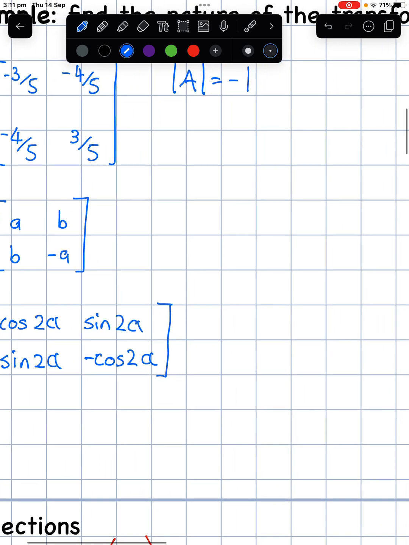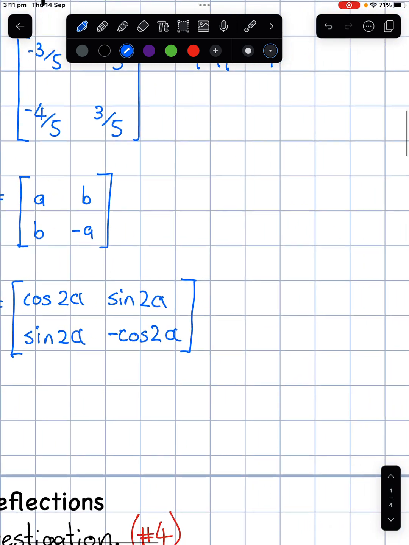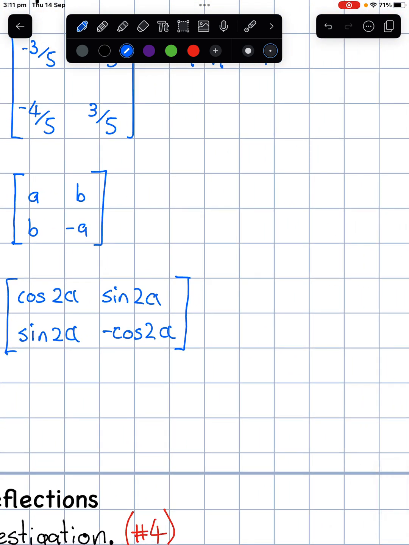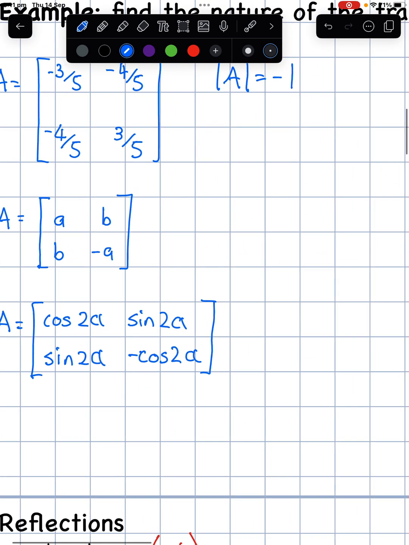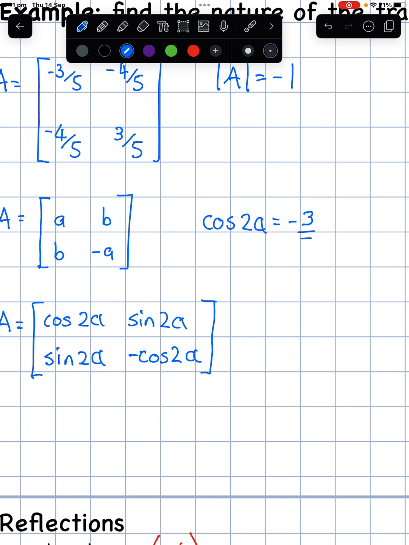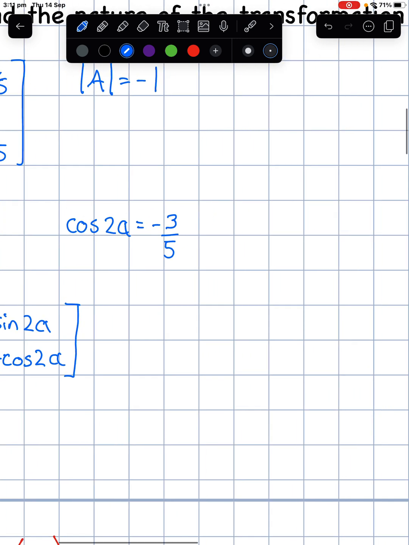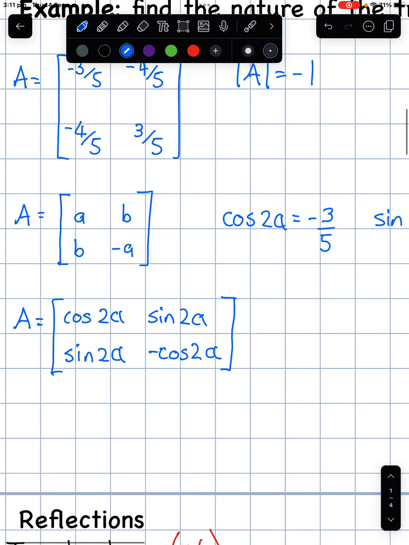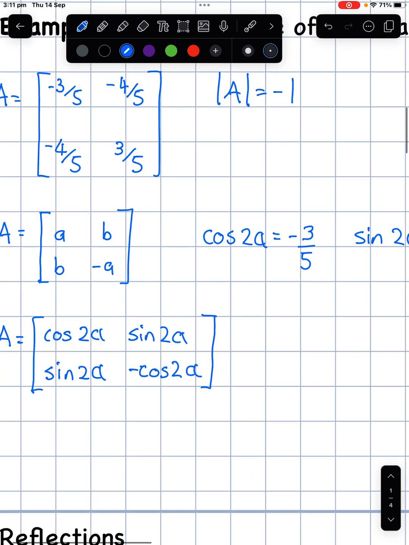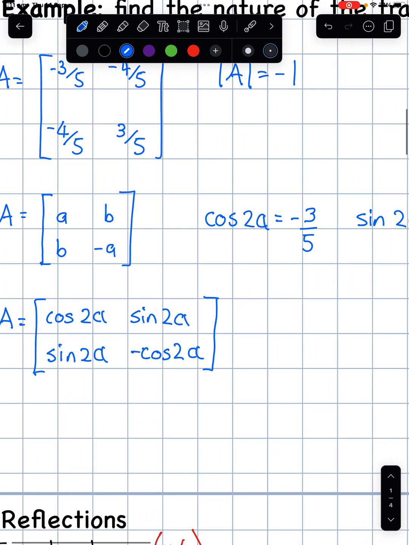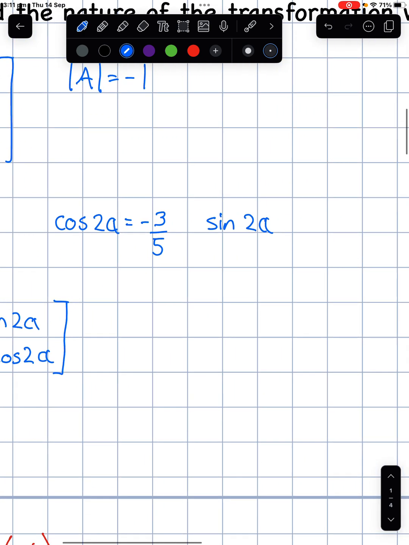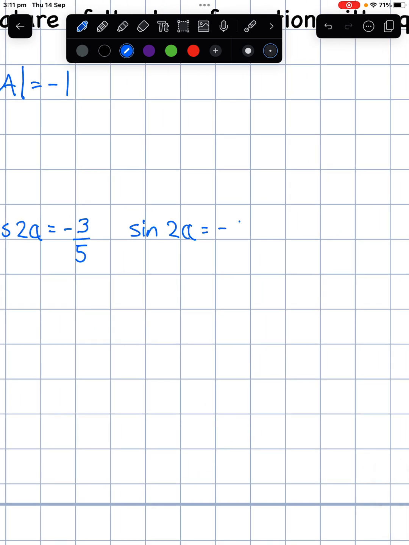So straight off the bat, this means that cosine 2 alpha has to equal -3 on 5. And sine 2 alpha, so I'm using the top two values because it's cosine and sine, equals -4 on 5.